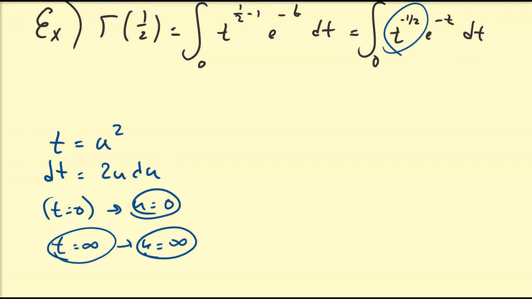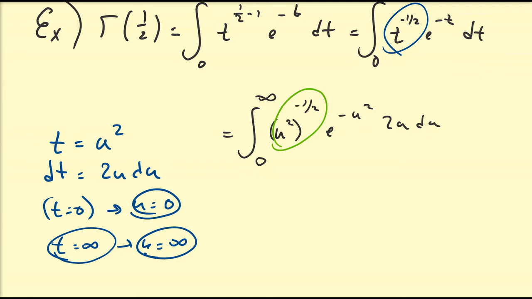So our integral then becomes the integral from 0 to infinity of u squared raised to the power of -1/2 times e to the minus u squared times 2u du. This expression is just u to the minus 1, so we can rewrite that as the integral from 0 to infinity of u to the minus 1, e to the minus u squared, 2u du.